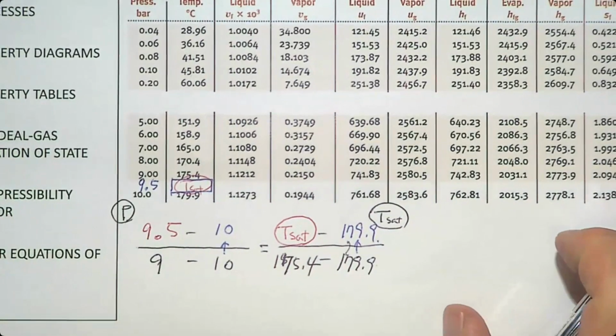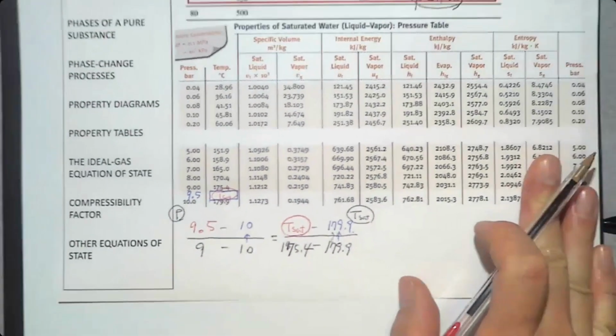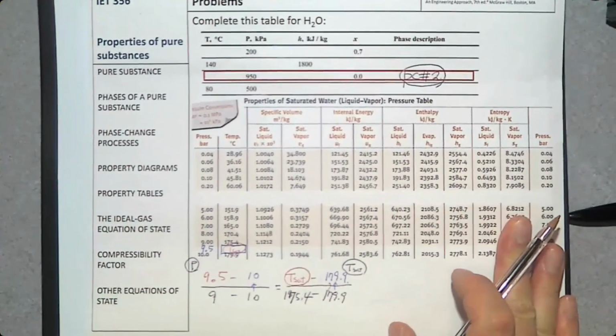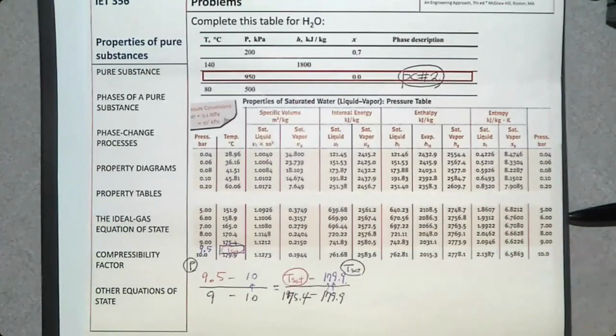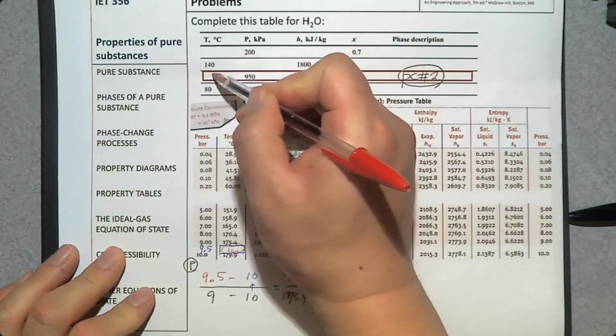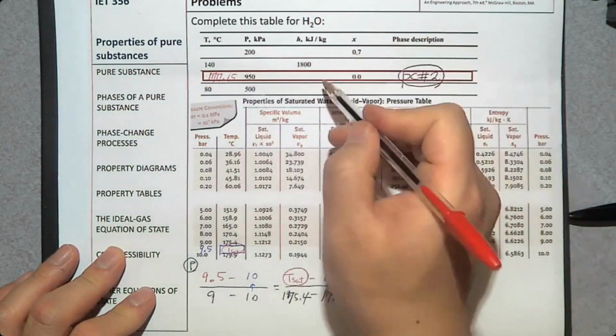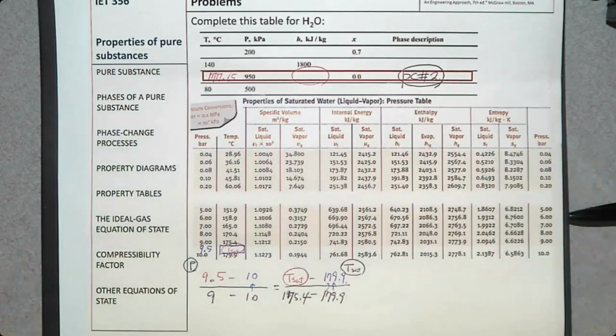So if you do, it's going to be 177.65. What about h? This is saturated liquid.